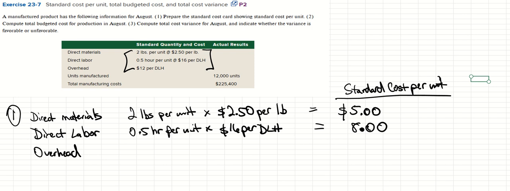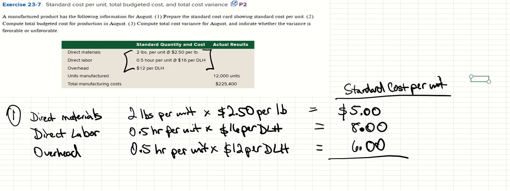And then for overhead is $12 per direct labor hour. So we're just going to bring down this 0.5 hour per unit since overhead is calculated using direct labor hour. And we're going to multiply it by $12 per direct labor hour. And that's going to give us $6.